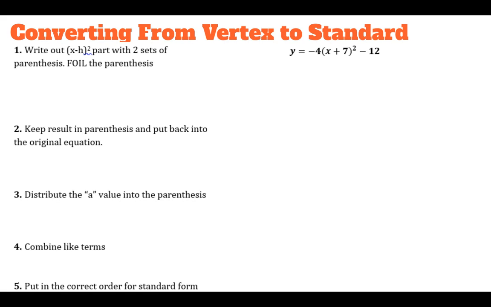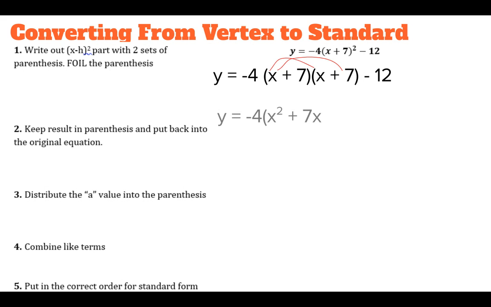What do I mean by writing out that x minus h in two parts? That means I'm literally writing it x plus 7 times x plus 7, because squared really means something times itself. Now I'm going to double distribute in those two parentheses. I'm going to do x times x and x times 7.